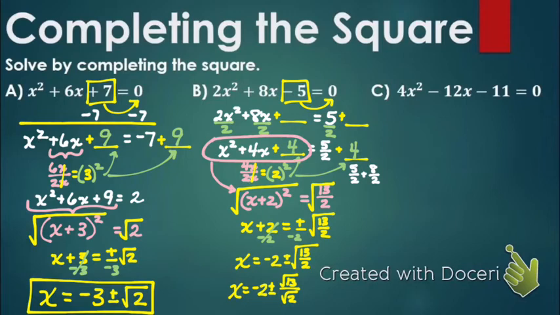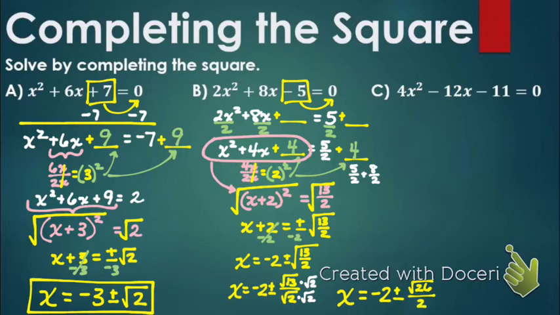So how do I rationalize the denominator here? Yep. Multiply top and bottom by root 2. All right, so final answer with a rationalized denominator, x equals negative 2 plus or minus radical 26 over 2.